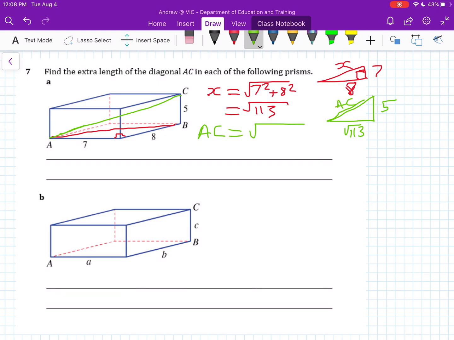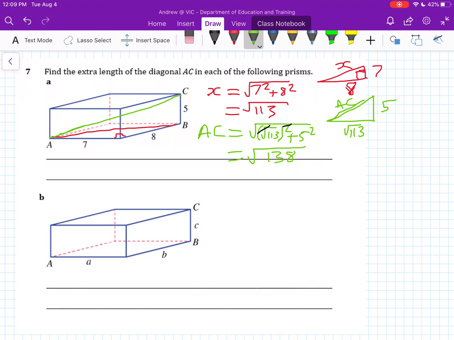So we just set it up the exact same. Square root, but we've got the square root of 113 squared, and this is going to be plus 5 squared. So when you're squaring a square root, just remember that these two cancel out. Okay, so essentially what you're left with is 113 plus 5 squared, or the square root of all of that. So it becomes the square root of 113 plus 5 squared, which is 138.